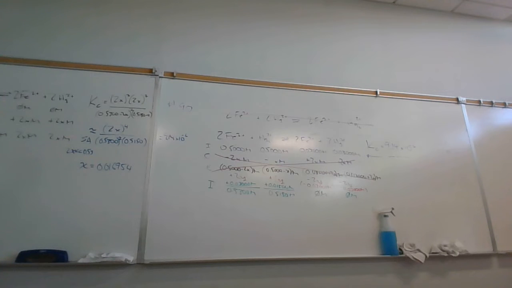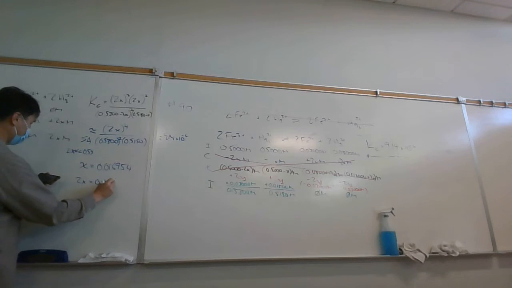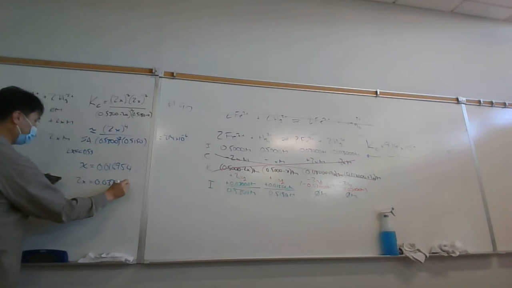Is that what you get? Anybody else get that? Okay, good. All right, now, what is 2x? Well, since this is still on my calculator, I'm going to just multiply it by 2 and see what I get. So 2x is equal to 0.0339098.